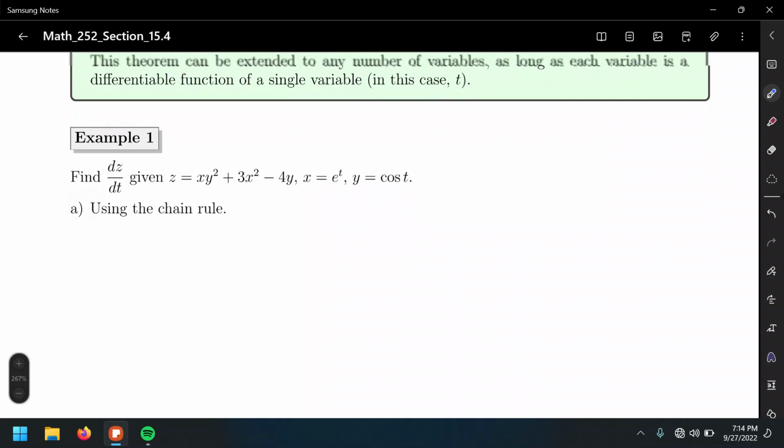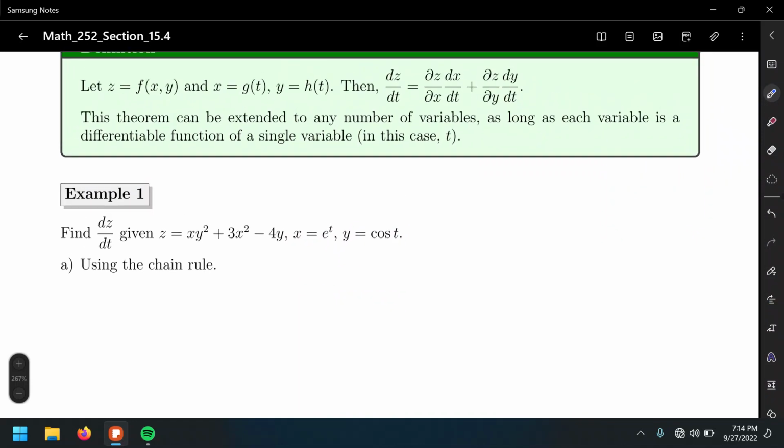They're asking us to use the chain rule, that is, using this formula: dz/dt equals partial z with respect to x times dx/dt plus partial z with respect to y times dy/dt. In this case, we have all the information that we need in the given problem.